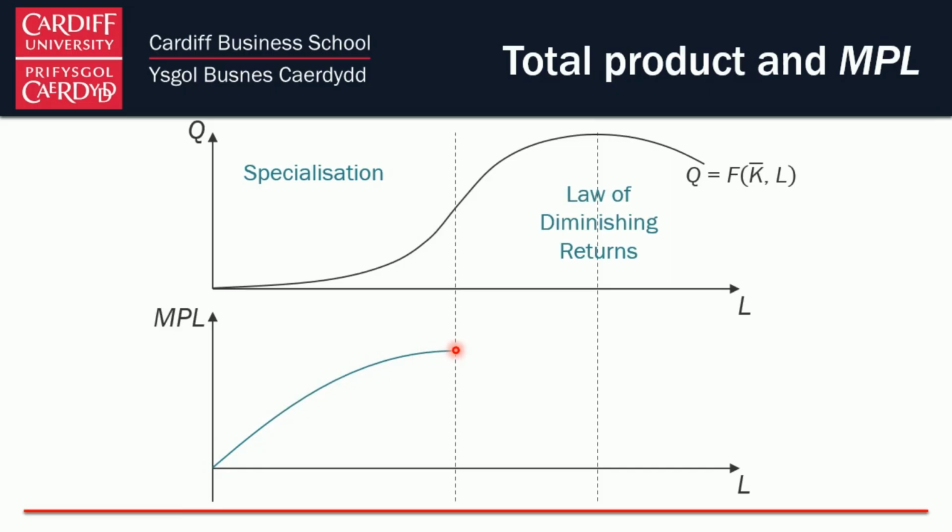In the second phase, where the law of diminishing returns kicks in, the marginal product is going to start decreasing. Yes, the total output is increasing, fine, but the next person is contributing a little bit less than before.